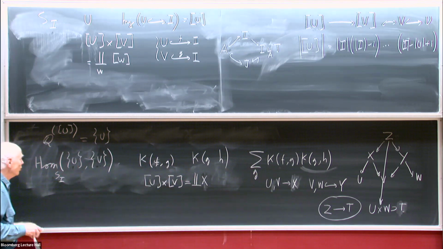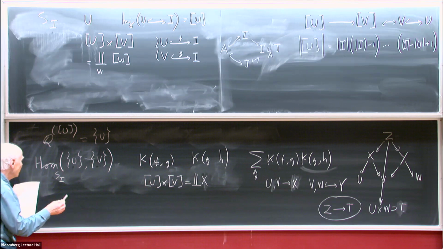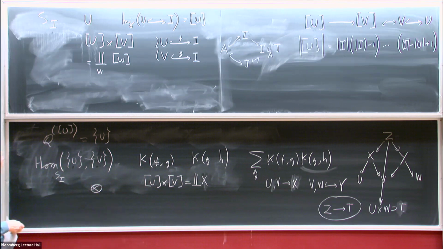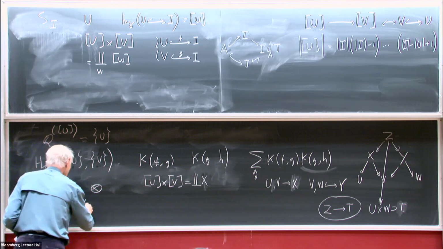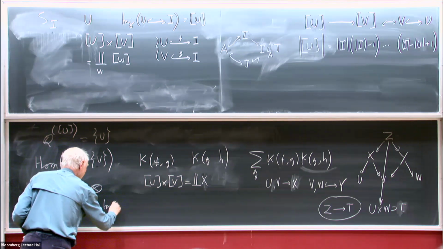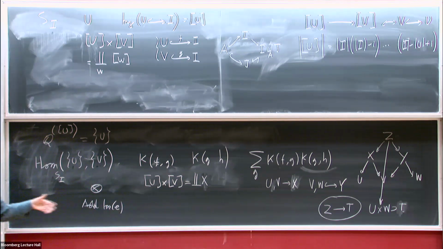Now, one needs more. Here I would have a category. One needs to define the tensor product. It's still not good enough. One needs to add images of idempotent elements, so that this can be complete.